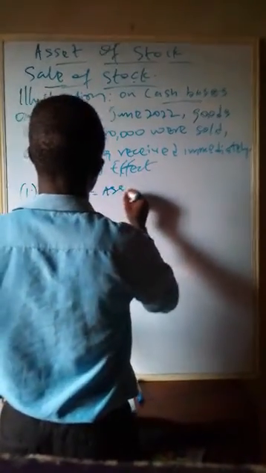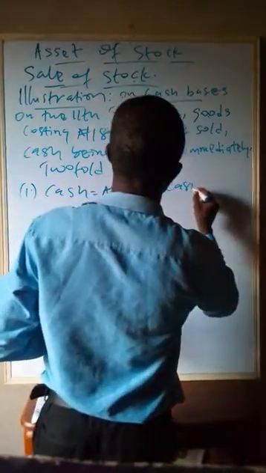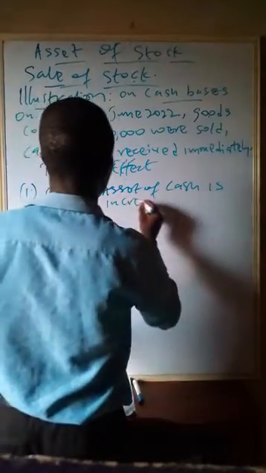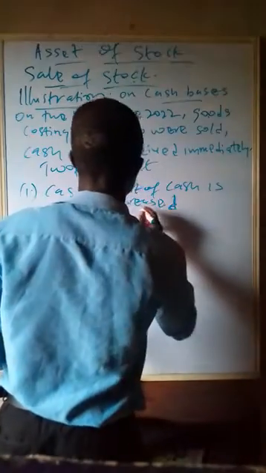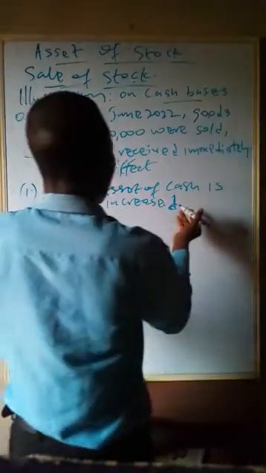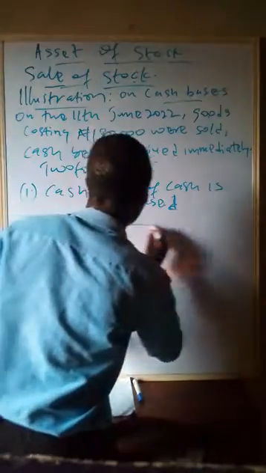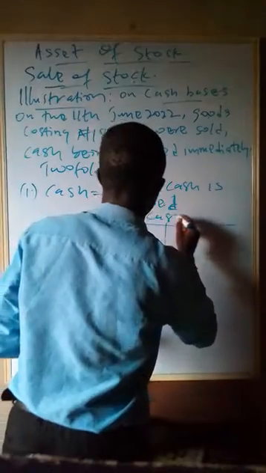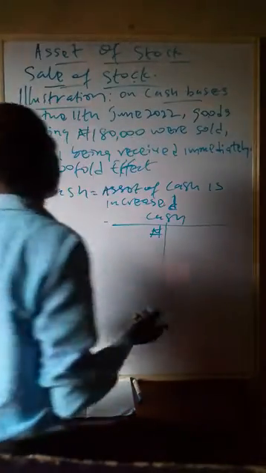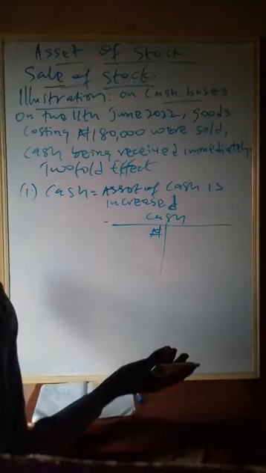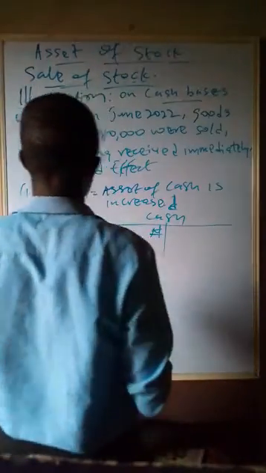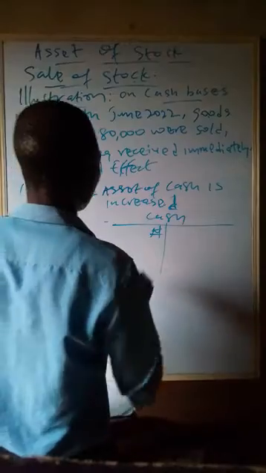And what is cash? That is an asset. When the asset of cash has increased, then what do you do? We debit cash.